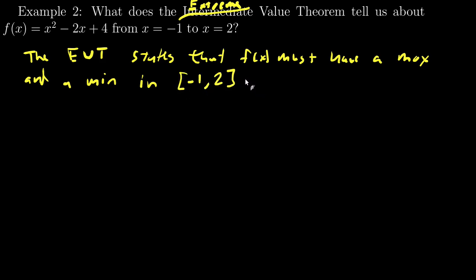It does not tell me where they are, and it states this because f of x is the same polynomial, which has to be continuous on this interval. Now that's all the EVT tells me. I can actually find those by doing some work.